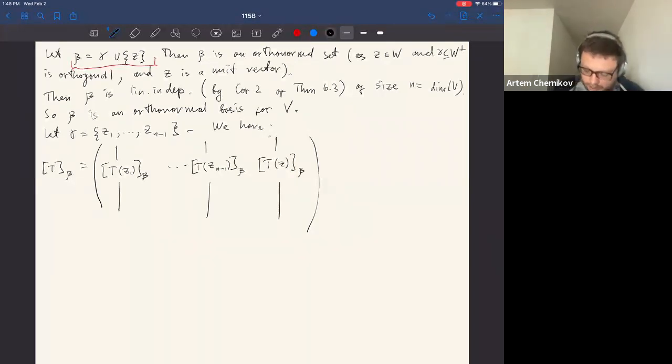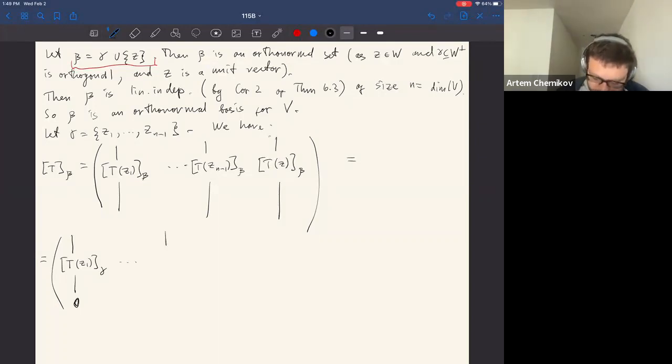Okay. So now, what do we know? For the first n minus 1 columns, we know that they are all in W perp, so the last entry has to be 0. So the first column can be replaced by T of z1 with respect to gamma, with 0 in the last entry.